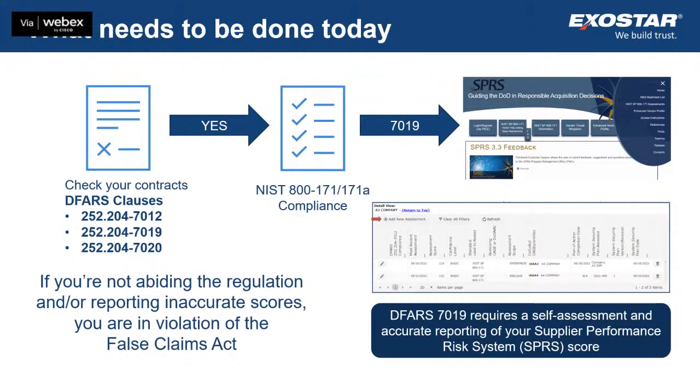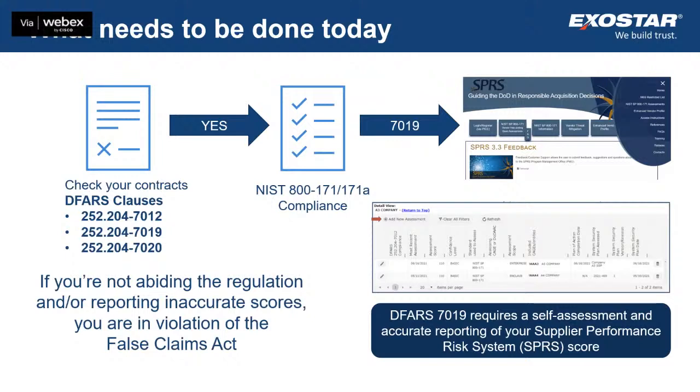CMMC will also require an assessment, both a self-assessment of a contractor or a subcontractor to NIST 800-171 controls. The major difference between CMMC and the current rules is that with CMMC, that's going to be a third-party assessment.